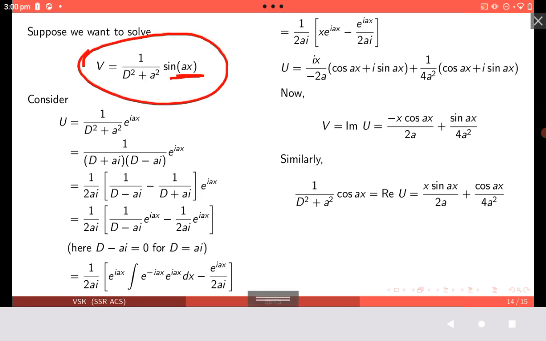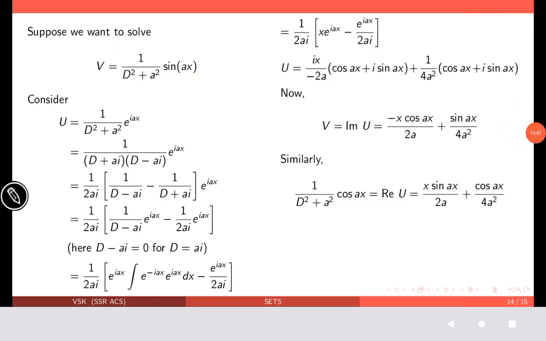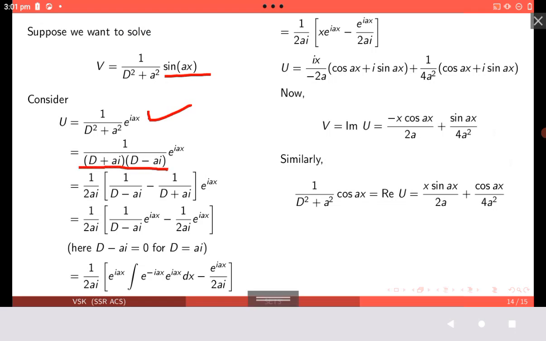But in place of this, we will solve 1 upon D square plus a square e to the power iax. And when we solve this, we'll convert the sin ax into the exponential function. Using partial fractions, we'll find the factors of this, and this can be written in this way.